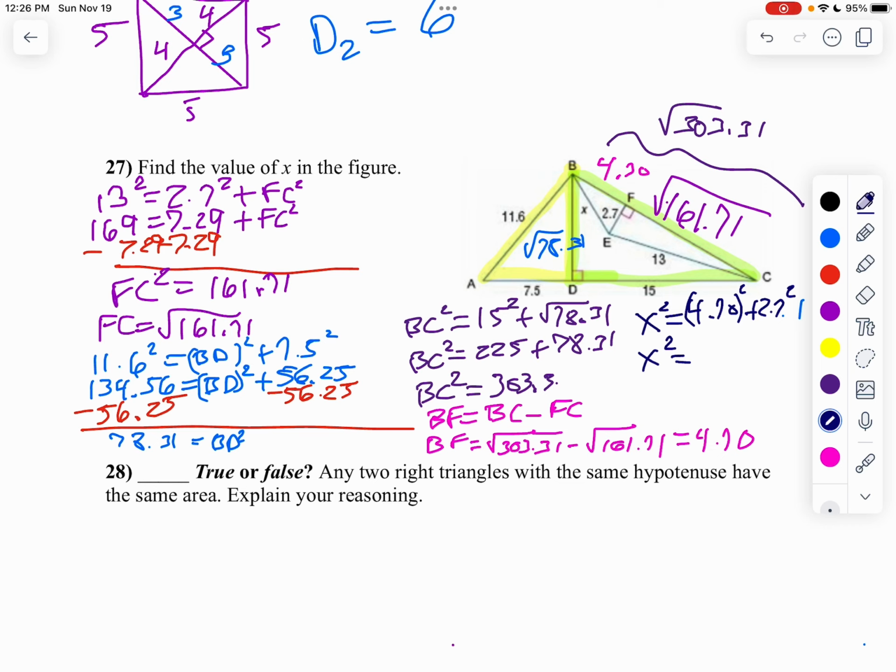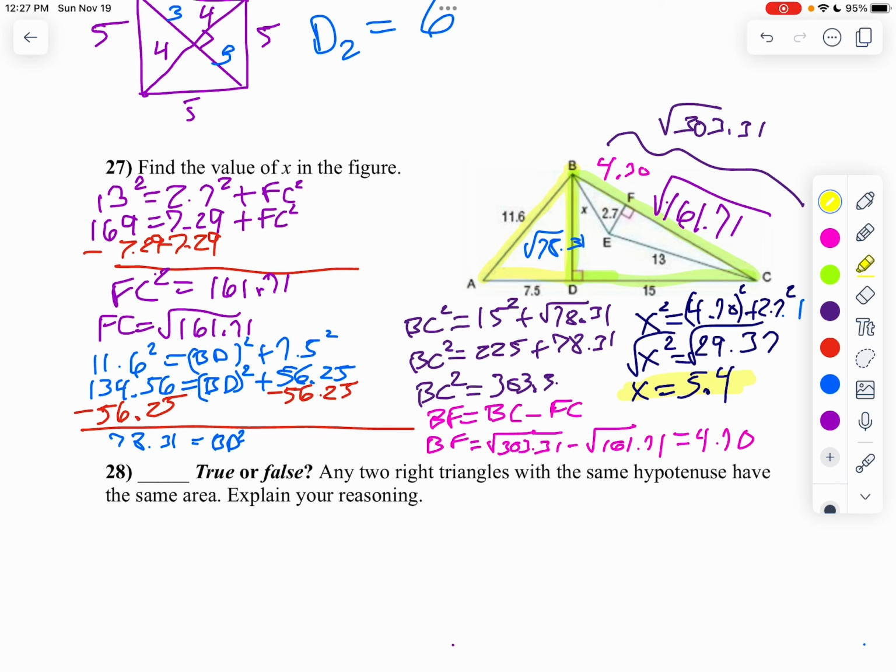I get about 29.37. Take the square root of both sides. And then I think I'll round this one to the nearest tenth, because that's what they're asking for. And we get about 5.4. That is one of your standards: using the Pythagorean theorem multiple times to solve a problem. And you will have a question like that on your test.